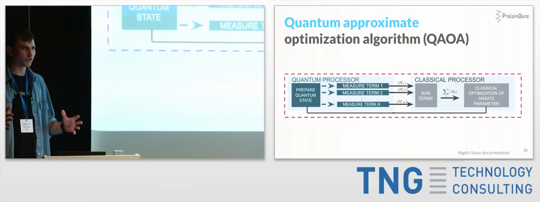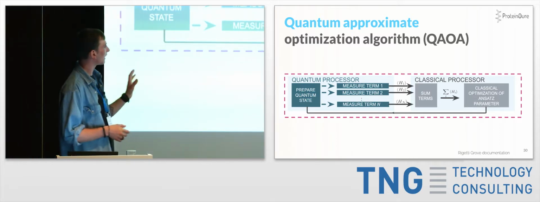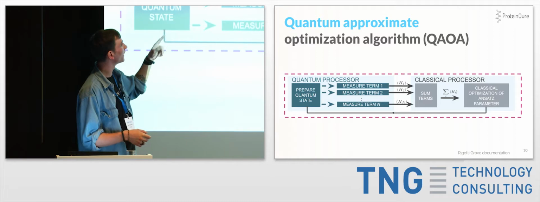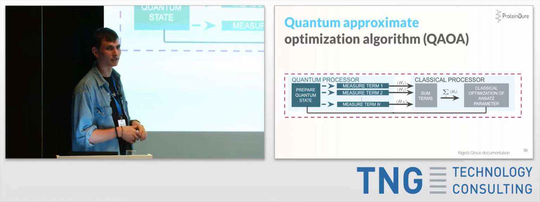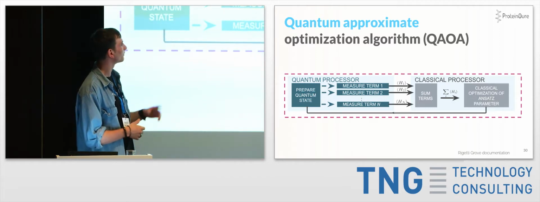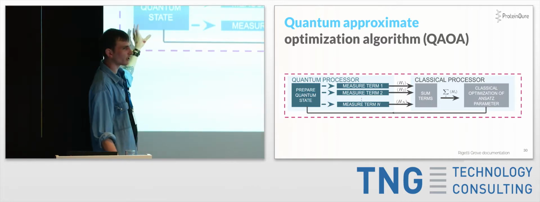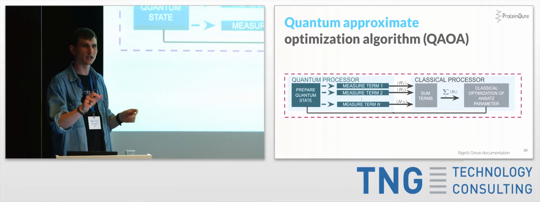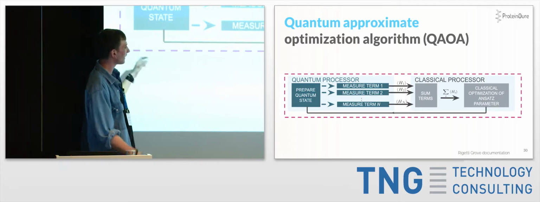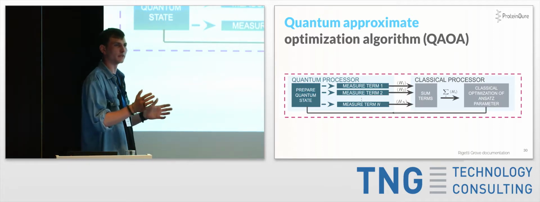So for this universal quantum computing world, we picked our quantum algorithm to be the QAOA, which stands for Quantum Approximate Optimization Algorithm. The way it works is you have a quantum circuit that has some gates that are parameterized. At the beginning, you just pick those parameters randomly.